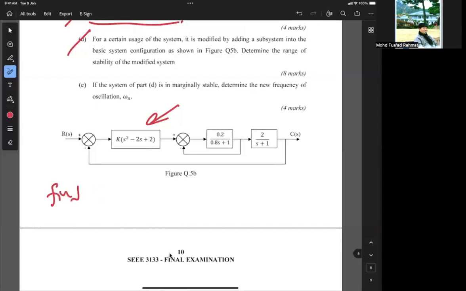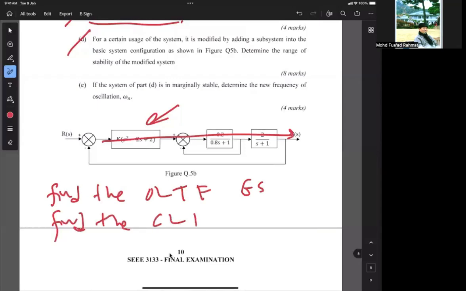So find the open loop transfer function first, GS, forward. After that, find the closed loop transfer function, which is TS. Then find the characteristic equation. Right.